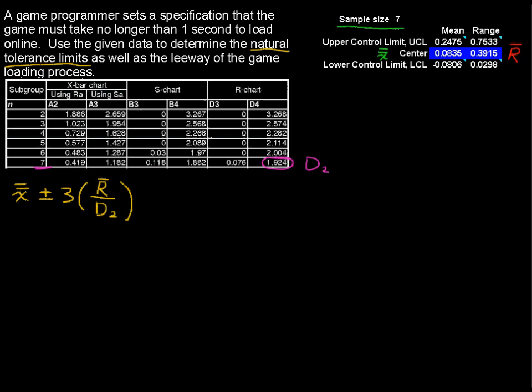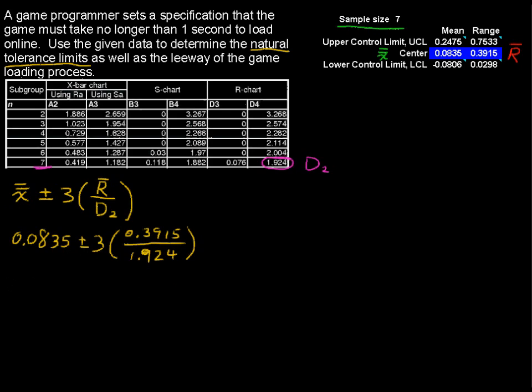Okay, let's plug the numbers in. We get 0.0835 plus or minus 3 times the mean of the ranges, 0.3915, over d sub 2, 1.924.